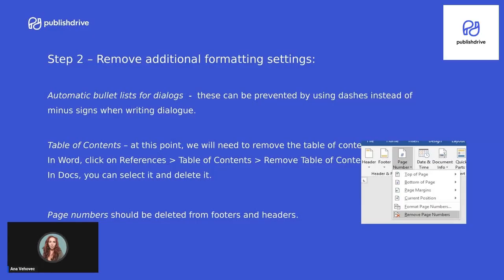To do that in Word, you would open the headers and footers menu by double clicking on either the top or the bottom of the page, and then select the page number and delete. In Google Docs, you just double click again on the top or bottom of the page, depending on where the numbering is located, and then you delete it.